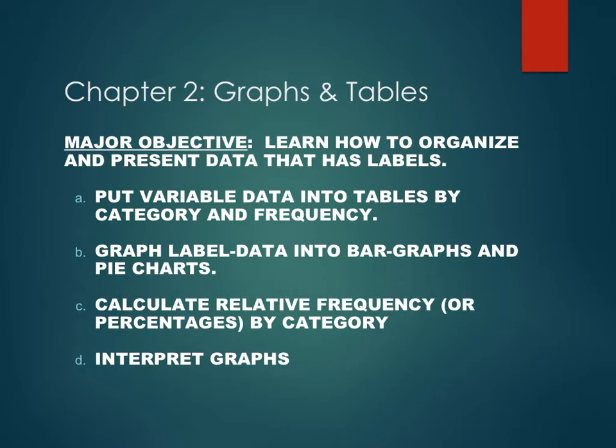So in Chapter 2.1, we will put variable data into tables by category and frequency. We will graph the label data into bar graphs and pie charts, and we'll calculate relative frequency or percentages by category. Finally, we'll interpret graphs.